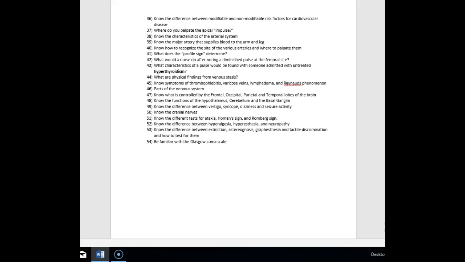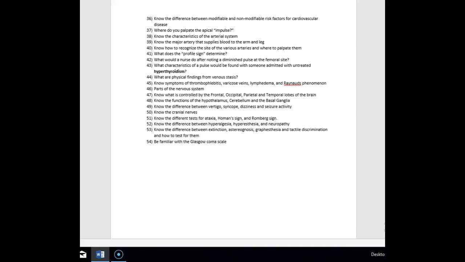What are the physical findings? For instance, if you find somebody with venous stasis, first of all you would have to know what venous stasis is.